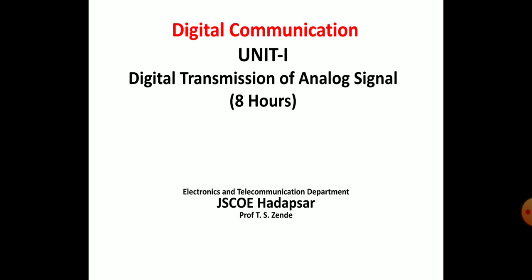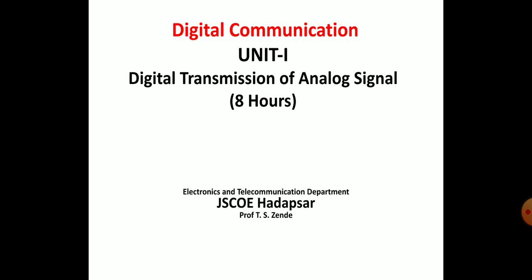Third course outcome is determine the challenges of random noise in digital communication system. The fourth course outcome is select the baseband receiver for received input. Fifth one, distinguish between passband receivers. And the sixth course outcome is determine the use of spread spectrum technology.